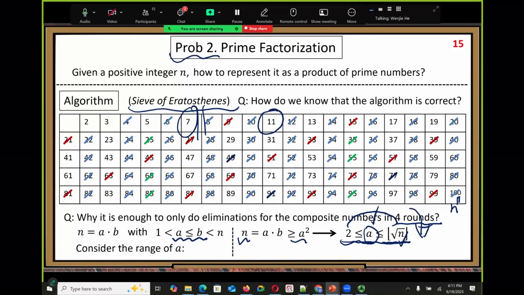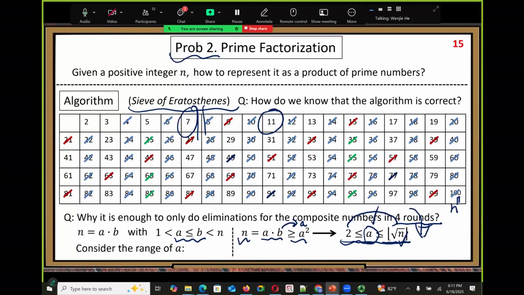Oh, good. Let me explain. Look at this requirement. In this requirement, we assume a is less than or equal to b, right? Then, when we estimate this product, can we replace b by a?